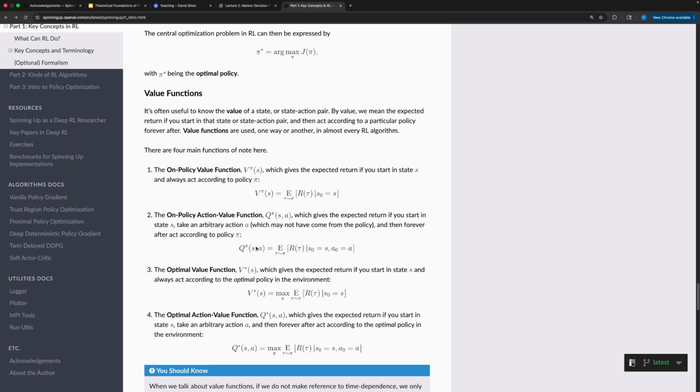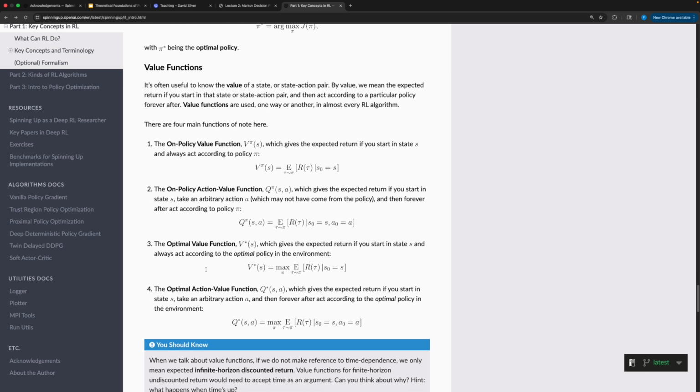So the action value function of a particular state and action is the expected return from that state if you have taken an arbitrary action a. This action does not necessarily have to be sampled from the policy. It's just the expected return after you have taken this action starting from state s and then continue to follow your policy.